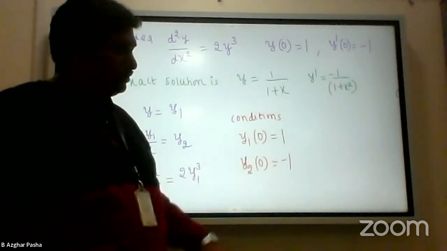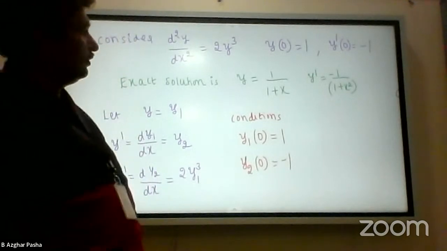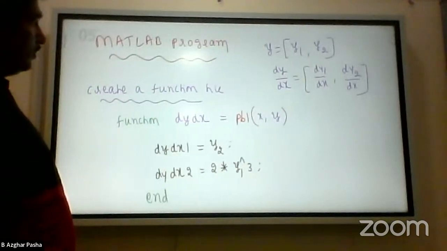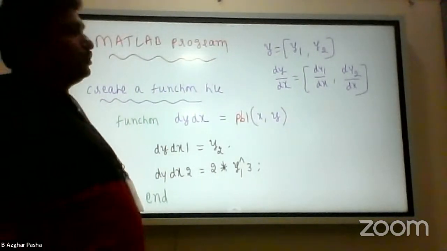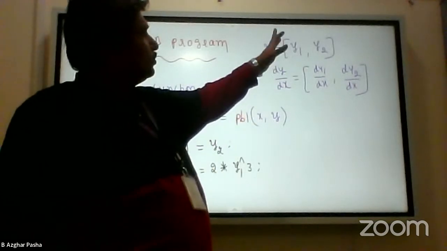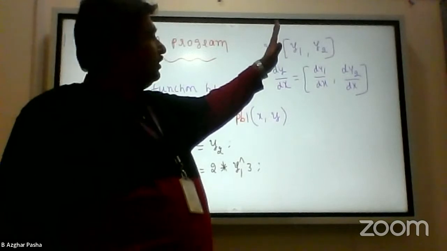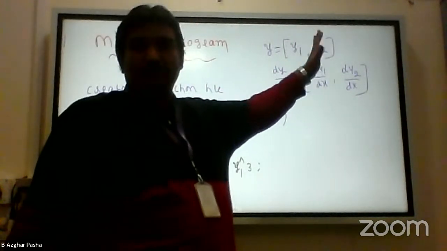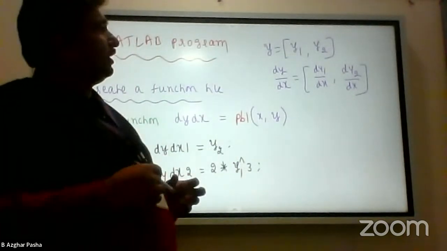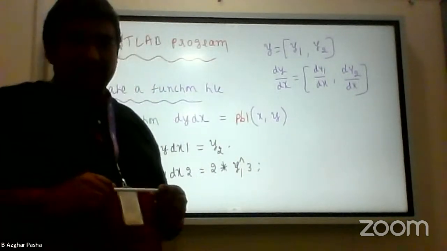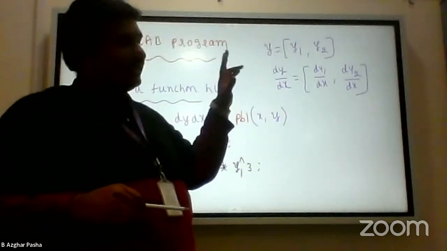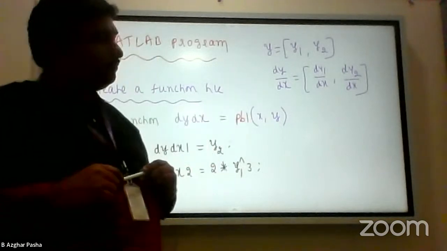So y2 of 0 is minus 1. So I'm storing y1 and y2 in my variable y. So the first column is y and the second column is y dash values. If you want to extract y dash values, you can extract the second column of y separately. Similarly, if you want only y, extract the first column of y, which is y1.